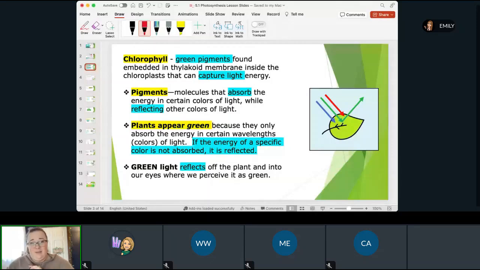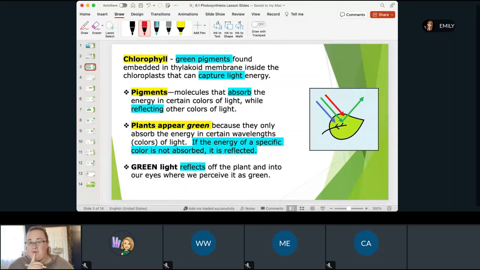The reason that plants appear green is because they absorb every single color except green. So the chlorophyll in plants are absorbing, so like picture a bright green leaf or grass. It's absorbing every single color on the visible light spectrum except green. Okay, it's actually reflecting green.